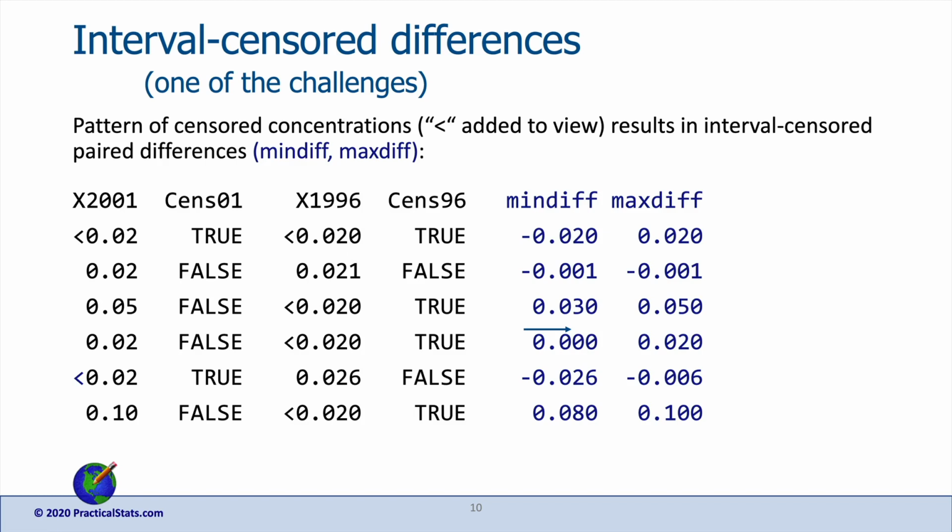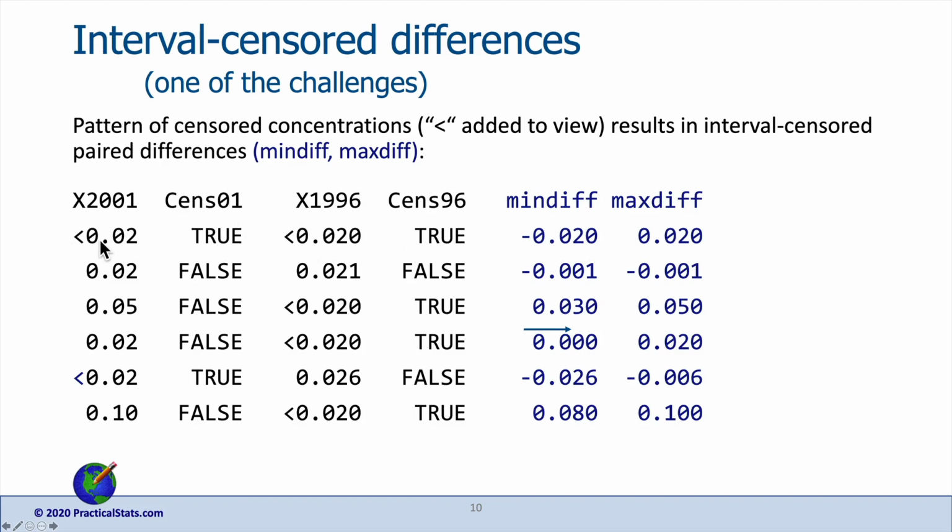For the parametric methods, we're going to need to compute those differences in a way that gives them the minimum difference and the maximum difference they could possibly be. And so if in 2001 this value were 0, that less than 0.02 was a 0, but in 1996 it was a 0.02, then it would be 0 minus 0.02, which would be a minus 0.02.